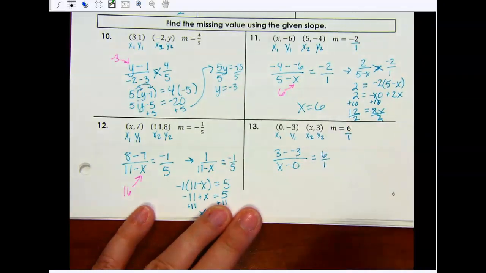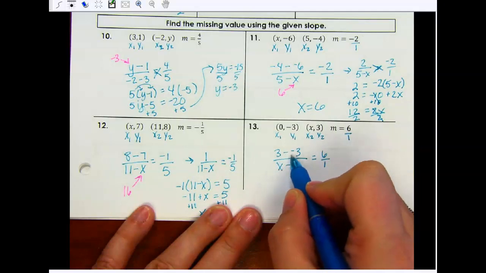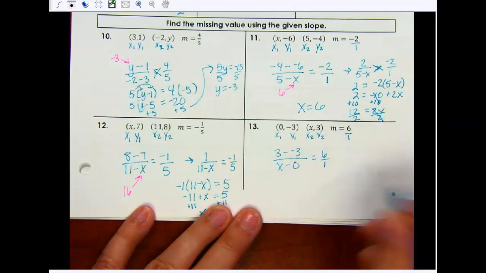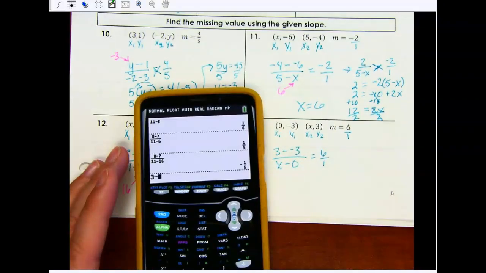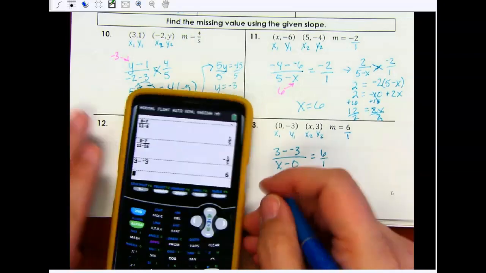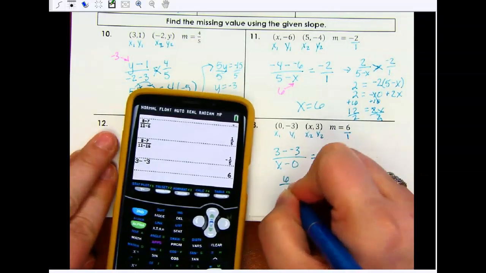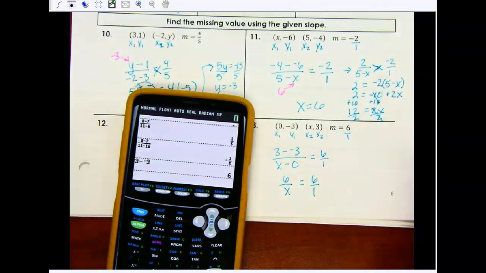So we can actually simplify the top and the bottom of this. 3 minus negative 3 is 6. So we're going to have 6 over x equals 6 over 1. Interesting, because x minus 0 is just x. There's nothing to do there.